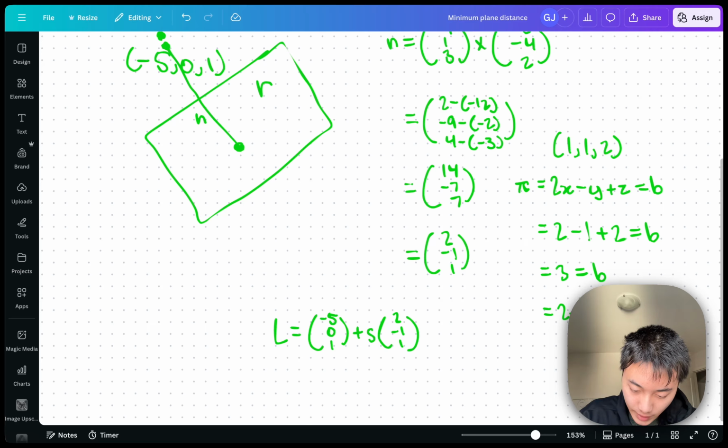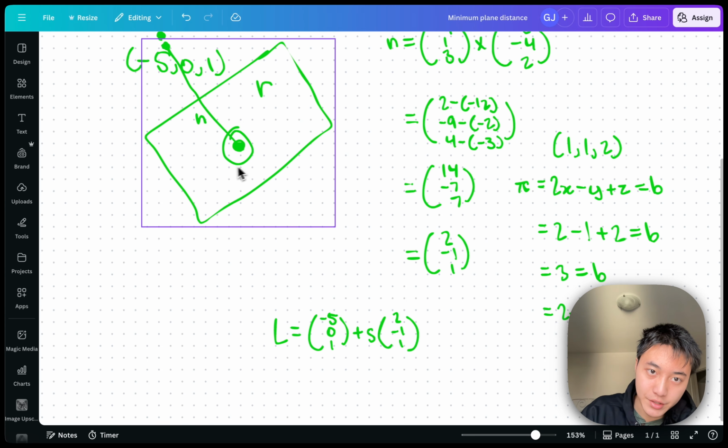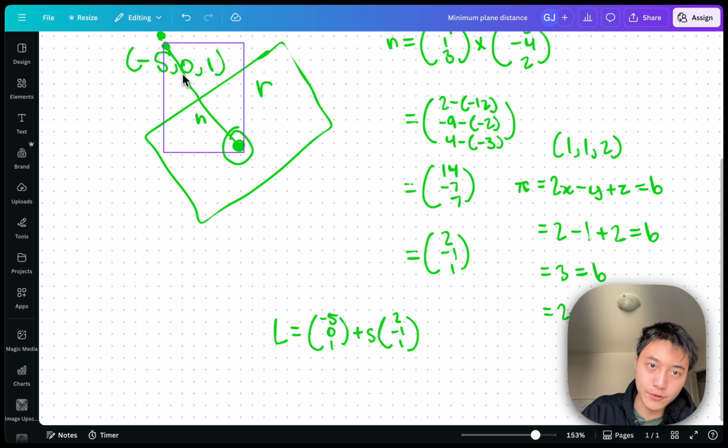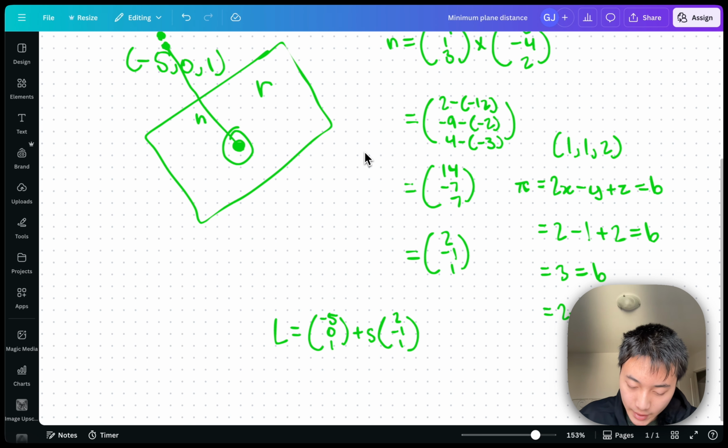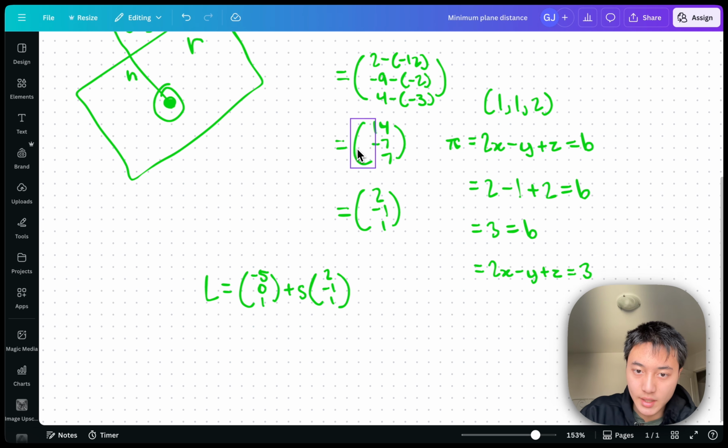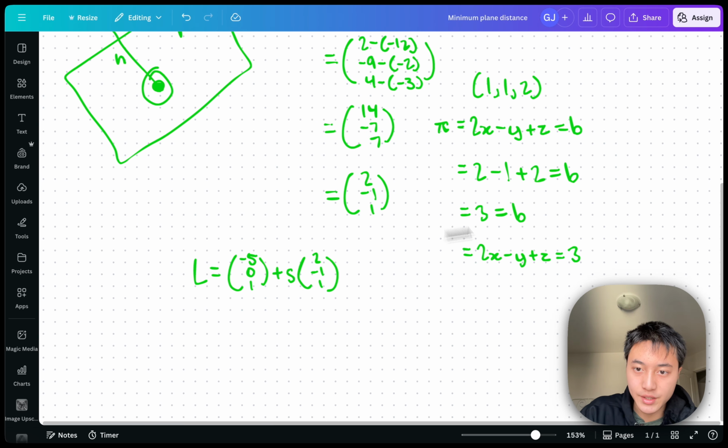Okay. And we can put this in parametric form because we want the intersection here. We want that intersection. So we can use the distance formula because we'll have 2 points and then we'll answer the question. But to get that intersection, we need to sub this line into the Cartesian, into the plane.